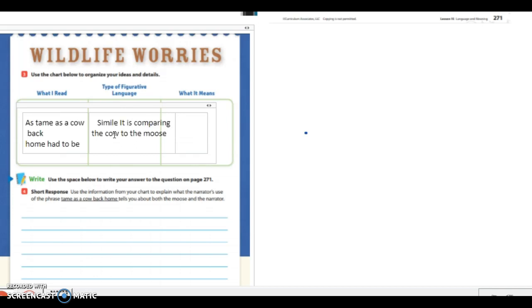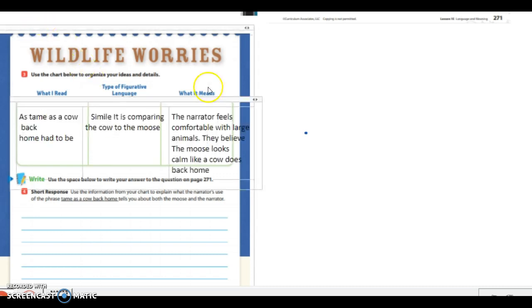The author suggests that the narrator is from a place with cows, such as a farm or maybe a small town, like here at Coker-Wimberley. This suggests that she is not used to the unfamiliar wild animals, and she might be more comfortable with nature than city dwellers. The simile also expresses how calm and gentle the moose looks, even though Aunt Cheryl points out that it's very dangerous.